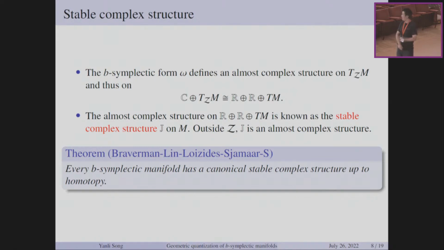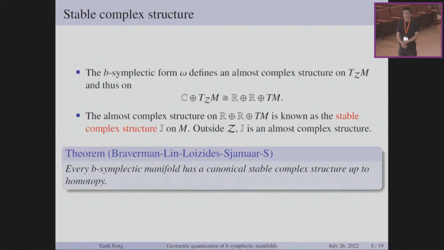R means the trivial line bundle on the manifold. On the left-hand side, we have our almost complex structure, because we have an almost complex structure on the b-tangent bundle and a complex structure on C. By this isomorphism, we get an almost complex structure not on the tangent bundle, but on R2 direct sum with the tangent bundle.